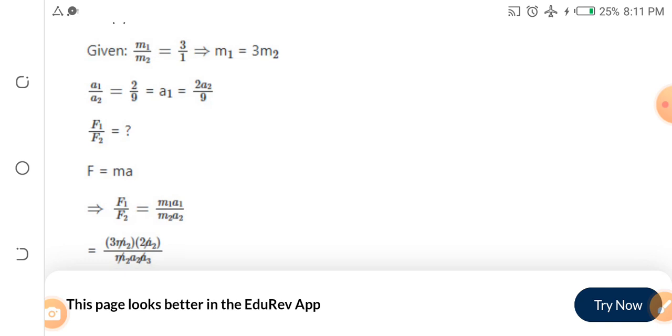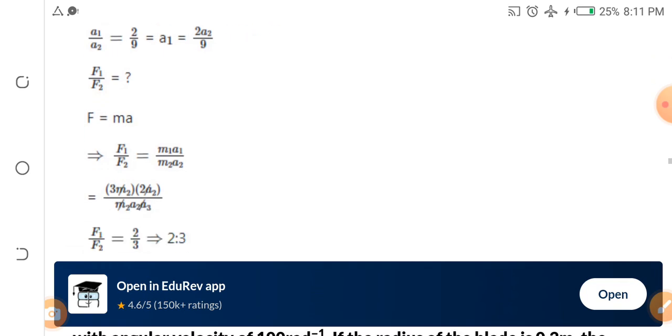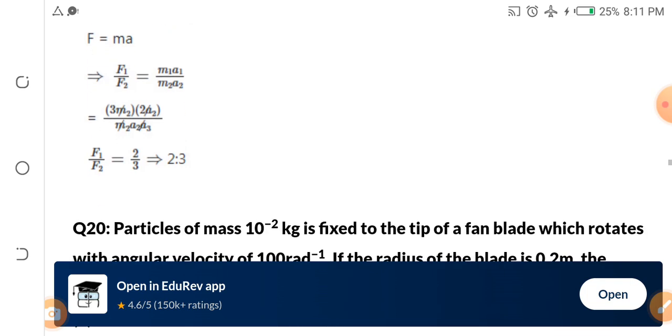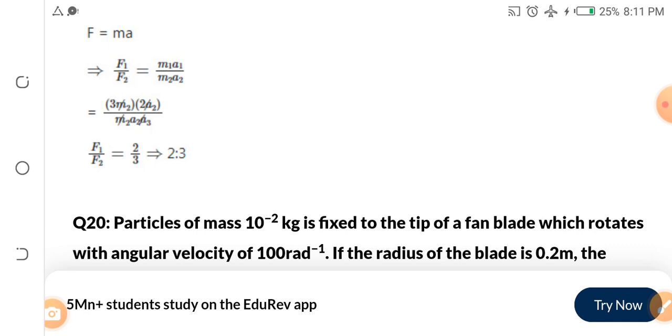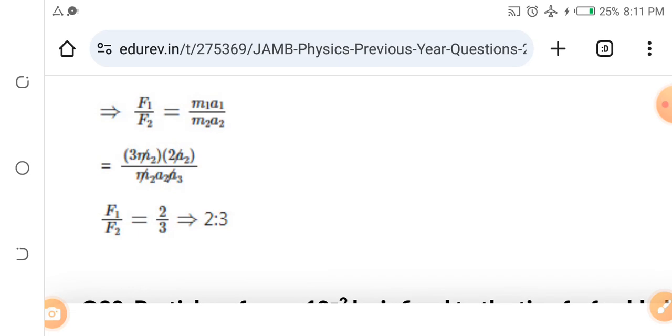Okay, acceleration 1 will be 2 times the second acceleration divided by 9. And remember, F1 over F2 will now be what? F is mass times acceleration, so F1 over F2, you can just look at it and do the calculation. Just look at how it was solved and go over to your book and solve.